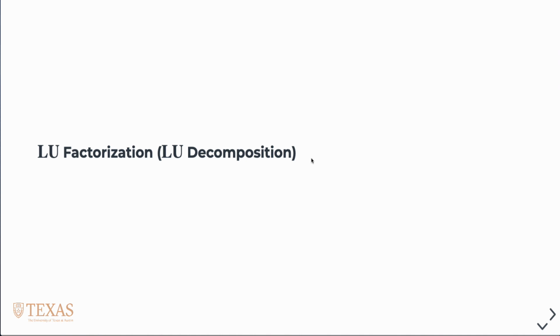Okay, so in this lecture, we're going to talk about the LU decomposition and how we can use it to do efficient computational linear algebra. So we've already seen that if we have a matrix A and a right-hand side vector B, we can solve for X with Gaussian elimination followed by back substitution.